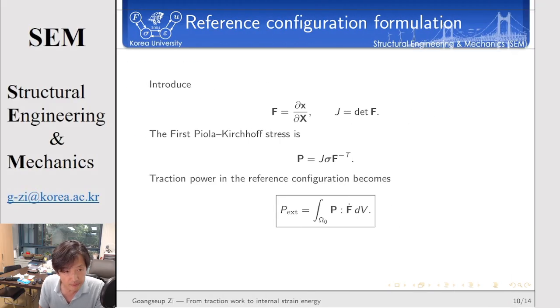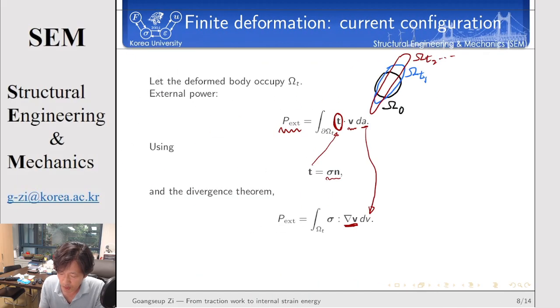So let's formulate the same thing with respect to the reference configuration. Here we talked about the initial configuration and the deformed configuration, and what we discussed is for the deformed configuration. Now let's consider the initial configuration.